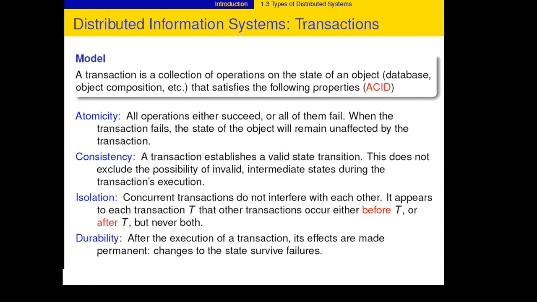And durability is the final property of a transaction. After the execution of a transaction, its effects are made permanent; changes to the state survive failures. Each transaction must consist of these four properties.